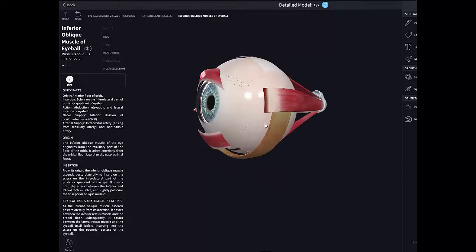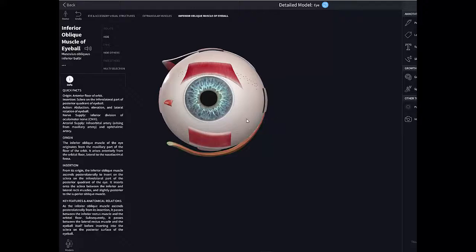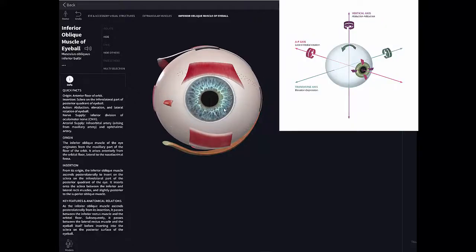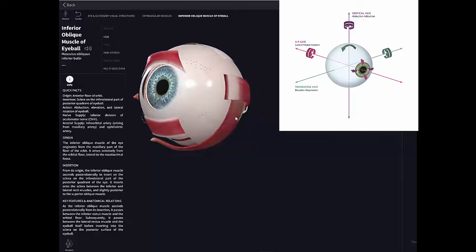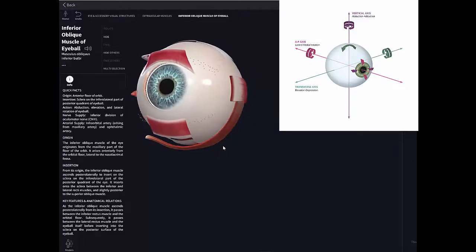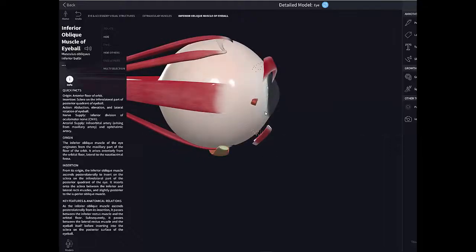So given its proximal and distal attachments, if this muscle would contract in the primary position, it would make the eyeball roll, or turn, but in the opposite direction than the superior oblique. So that would be described as extorsion, but in addition to that, it also aids in abduction and elevation.